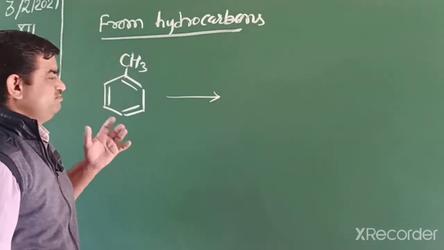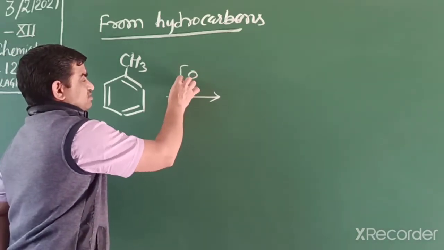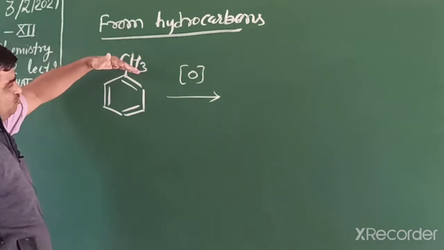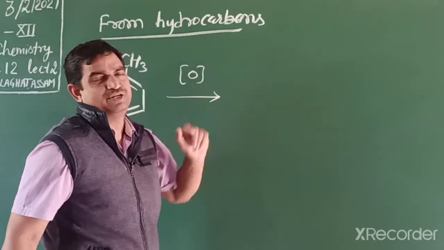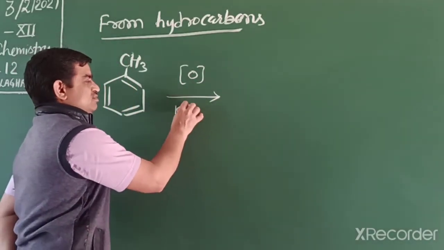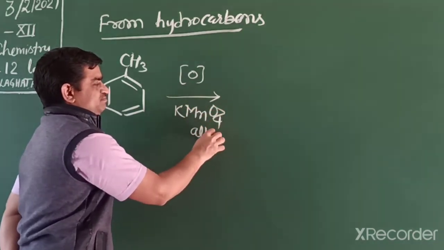First, if we use a strong oxidizing agent in this reaction, then what happens? This group is oxidized and the product we get is the corresponding carboxylic acid, using a very strong agent like potassium permanganate in alkaline medium.